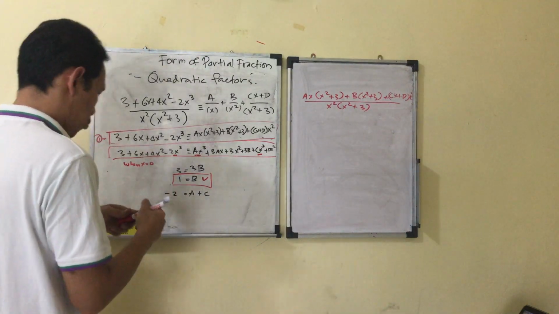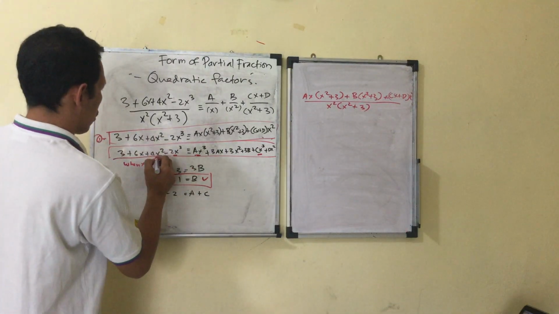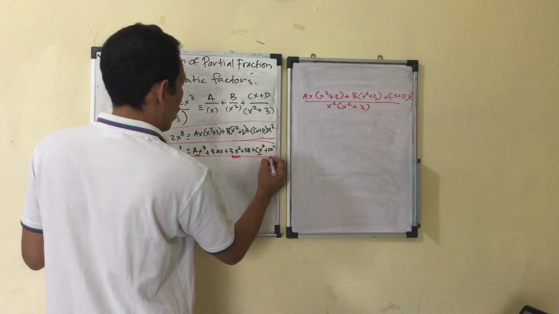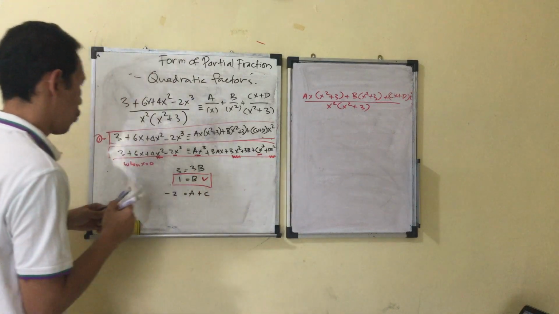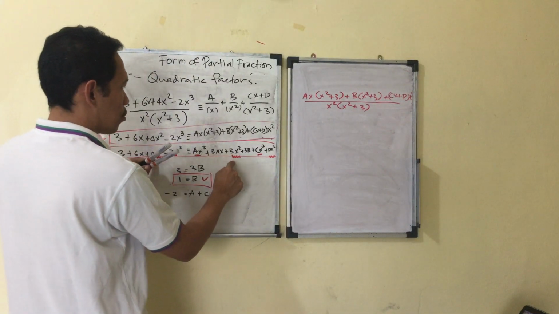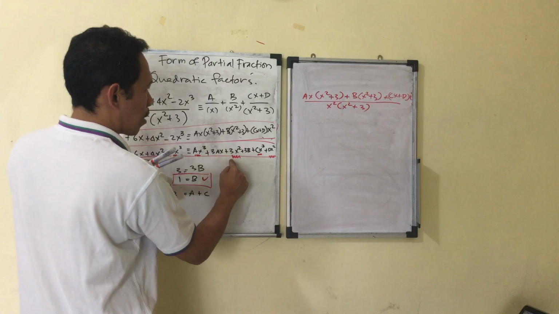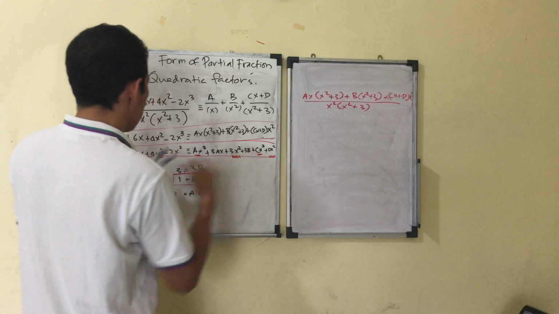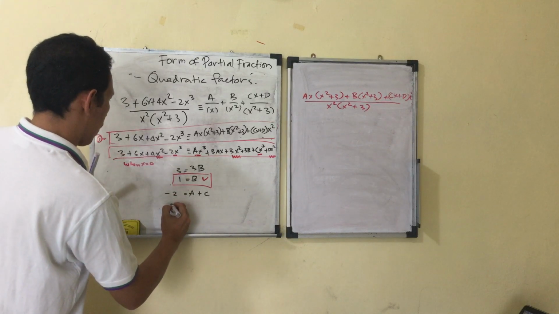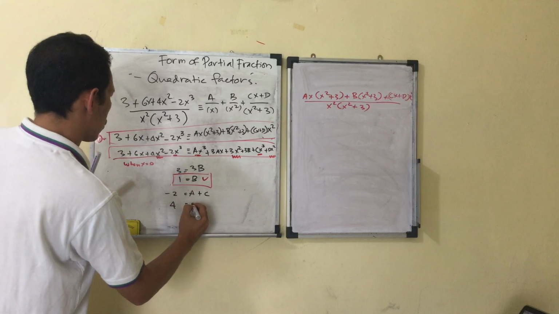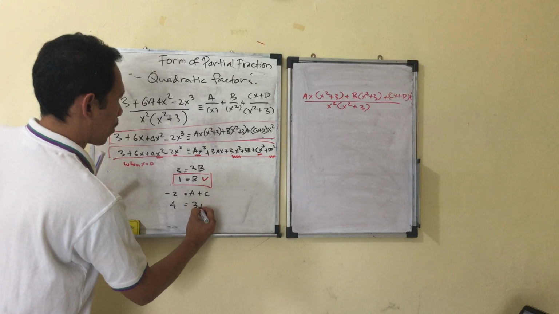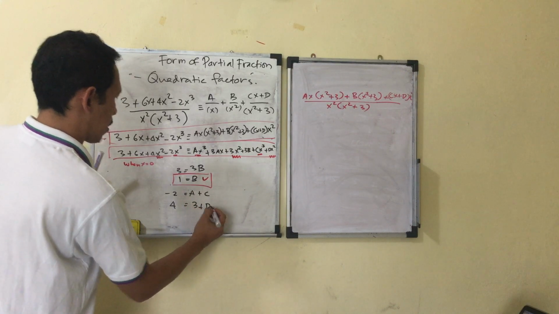Let's look at another term, which is x squared. So 4x squared, 4 is equal to 3 plus d, right? So you can say that 4 is equivalent to 3 plus d.